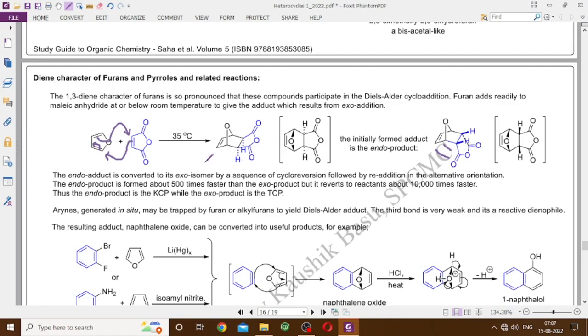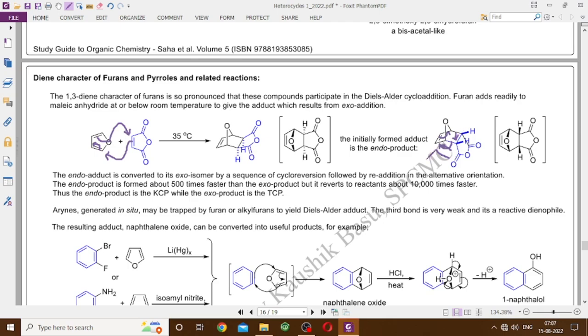The endo product is converted into the exo product via a sequence of cycloreversion. That means this double bond will shift here, this one will shift there, and that one will go there, so that furan is released in the medium and maleic anhydride is also released in the medium.